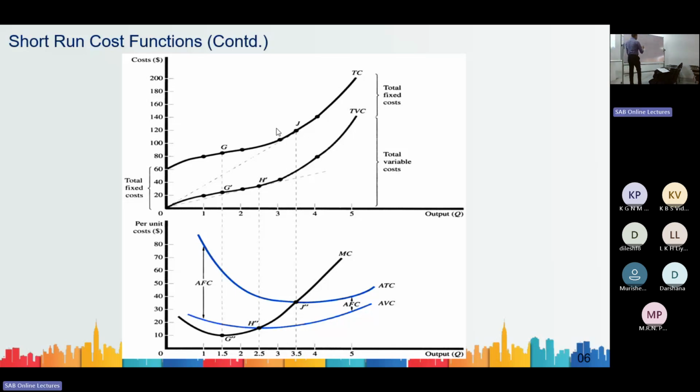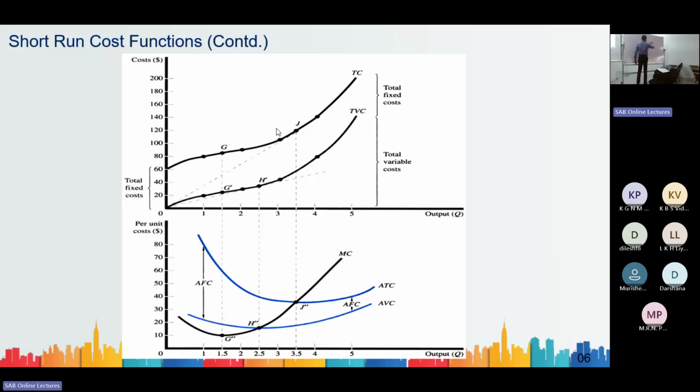And afterward, what happens is the total variable cost starts to increase at an increasing rate. So you can observe its slope is increasing. Here the slope is flatter, and when it comes to this point, the slope is much steeper. Here it's flatter, here it's steeper.